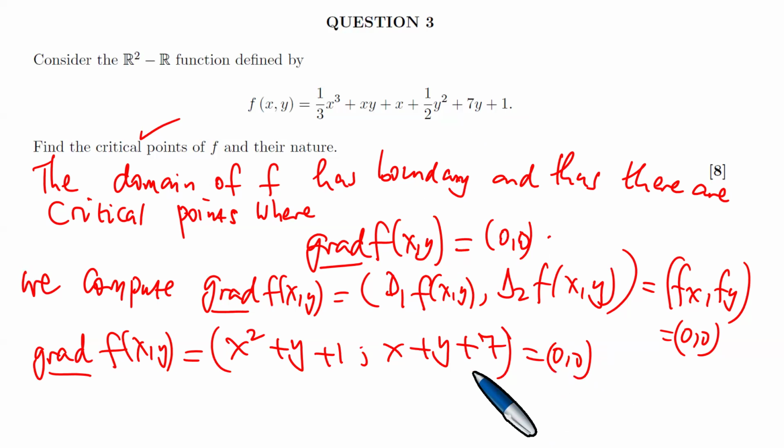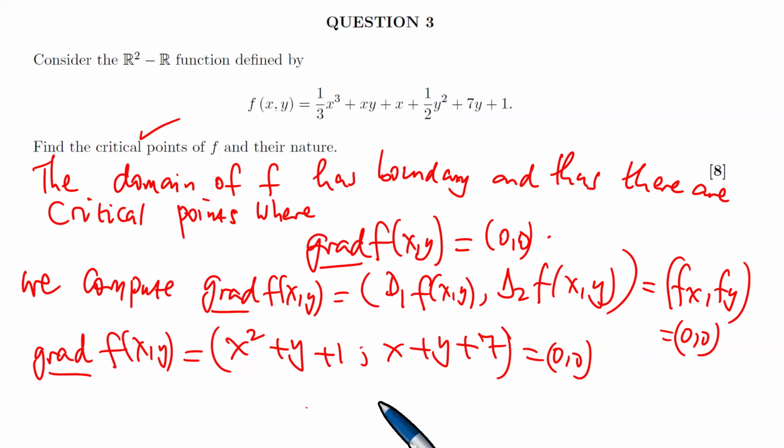Let us analyze this. What is the meaning of all this? By comparison of the components of these two vectors, the first component equals the first, the second equals the second.